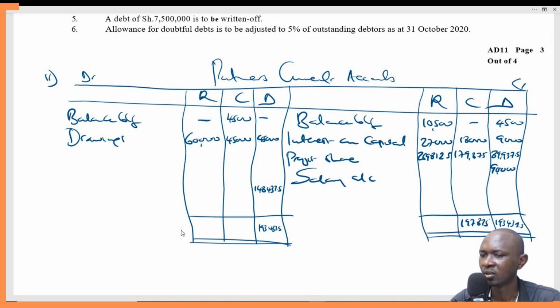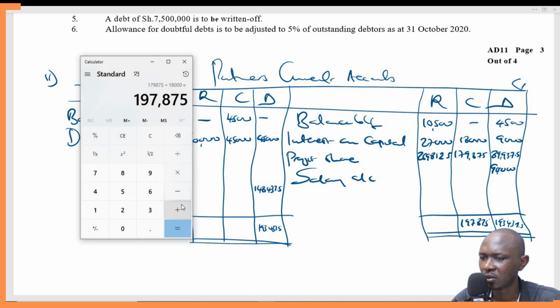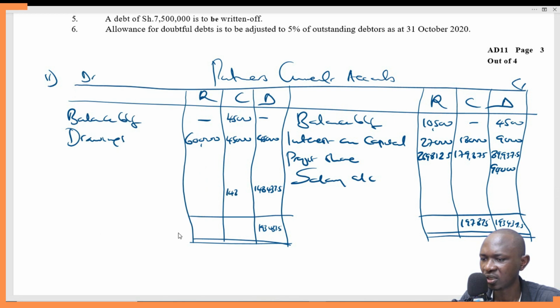So 197,875 minus 45,000 minus 45,000 minus 4,500. That gives us 148,375. How come these figures are similar?